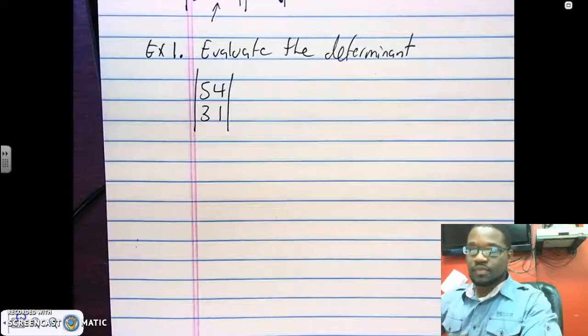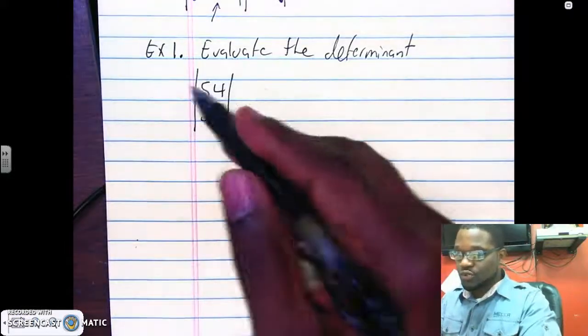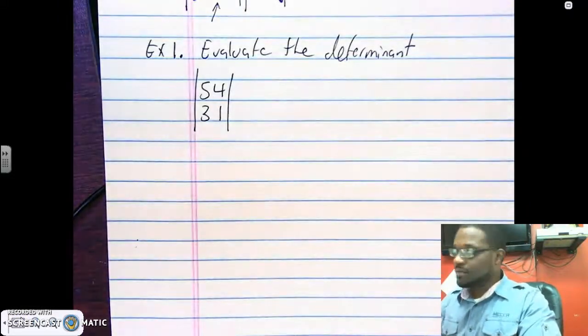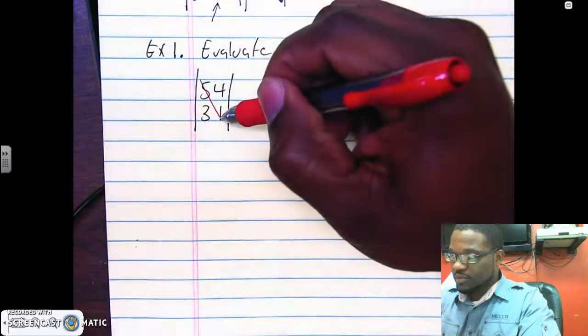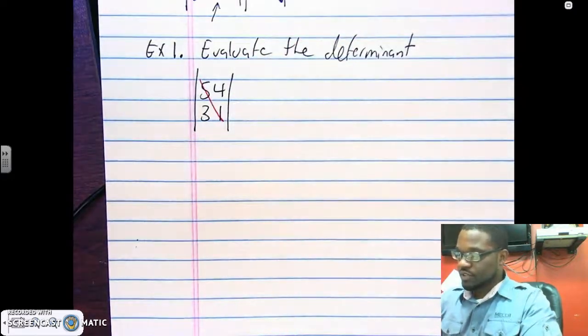Now, this is a 2 by 2 matrix. And the way this works is you take the diagonals and you multiply them. There's only one diagonal in that direction.